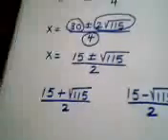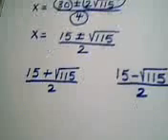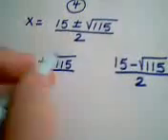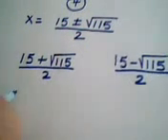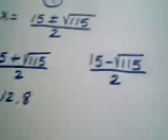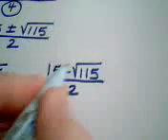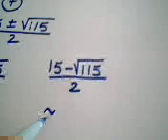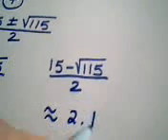Now we're going to have to approximate those, so we're going to punch those into our calculator. We find out that this first one is approximately equal to 12.8, and we find by punching into the calculator that this second one is approximately equal to 2.1.